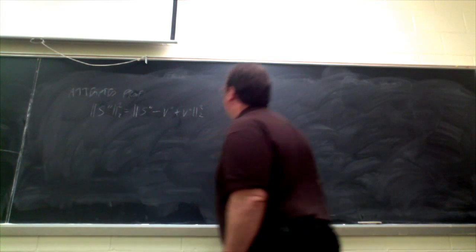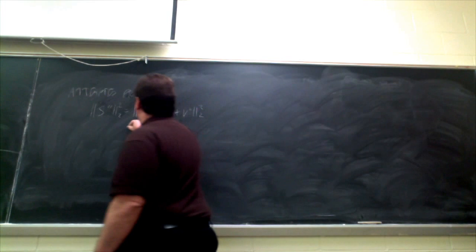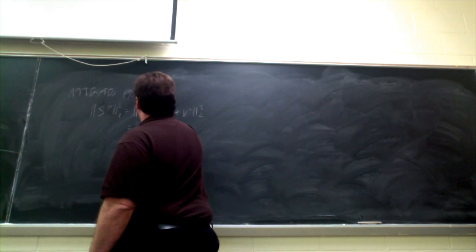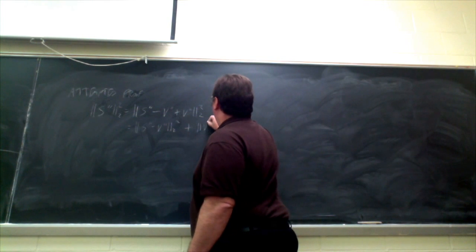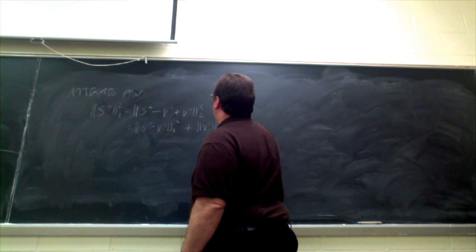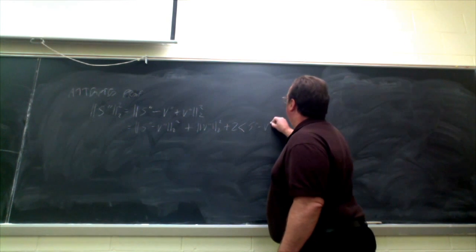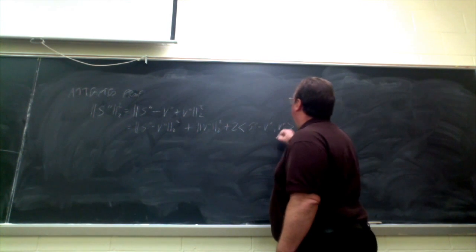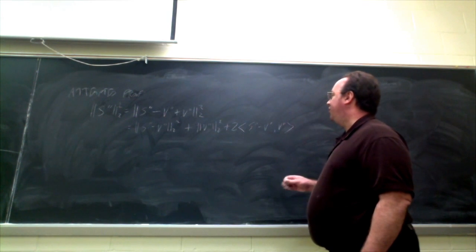But I'll work with the norm squared. Okay, so then I can look at that squared plus the norm of S squared plus twice the inner product of S double prime times V double prime with V double prime. And this is exactly what I did in the linear case.